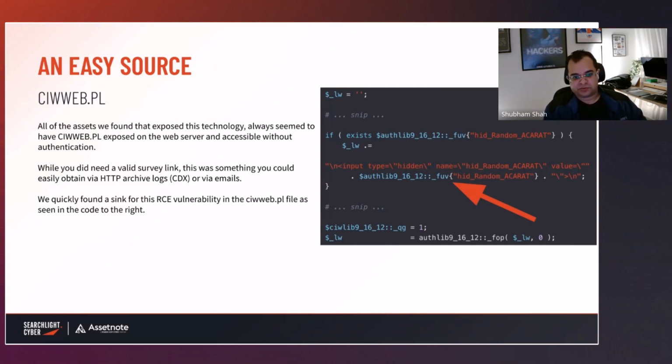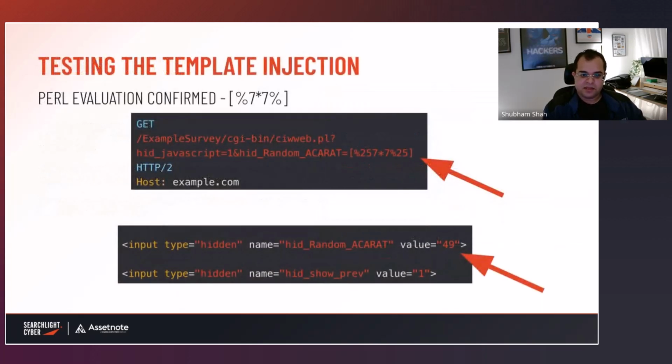It seemed like a pretty straightforward command execution vulnerability from there. How we confirmed this was essentially just first trying a simple evaluation of 7 times 7, which is obviously equal to 49. And we sent this request where we provided this parameter. And from seeing the response, we saw quickly that it evaluated to 49.